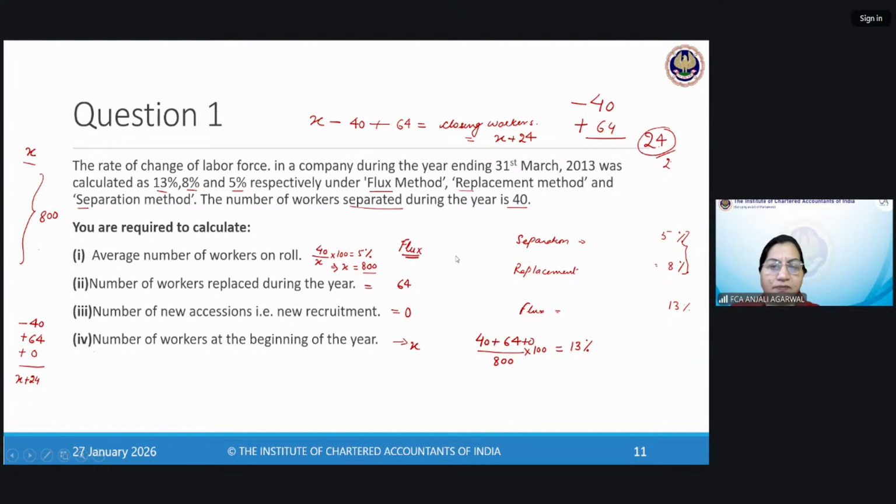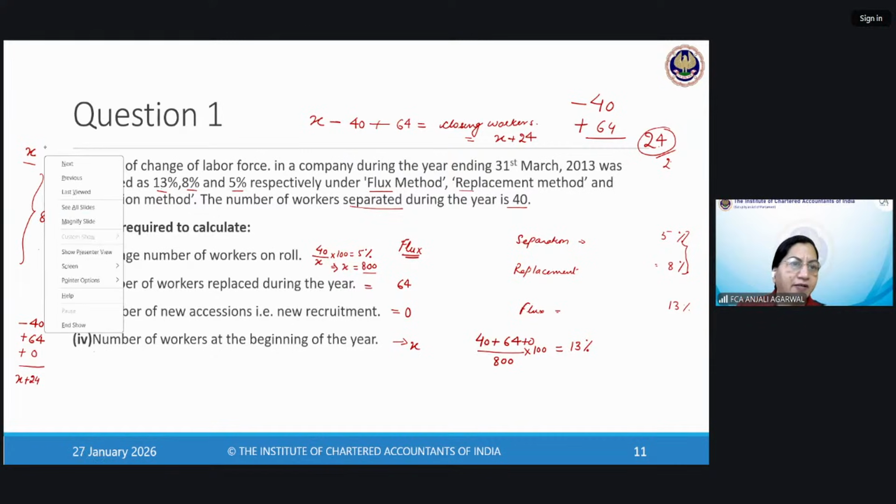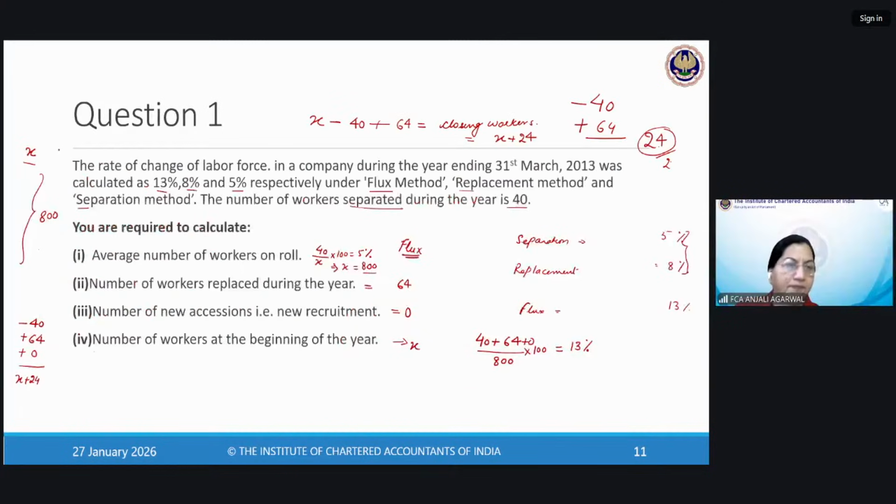If we divide 24 by 2, that is 12. And the average is 800. So if you had this figure, it is 788. This figure is 812.